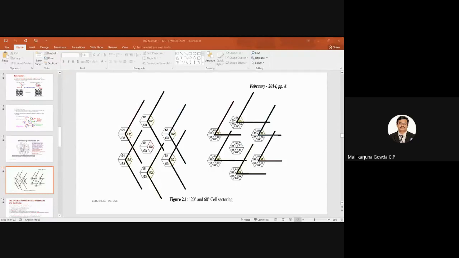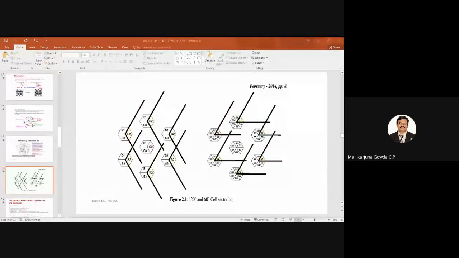You are not able to understand this diagram. What I am saying, what is this then? See here, these thick lines are the signal radiation. This cell is interfered with by this and this. What about here? Only one cell. One co-channel cell will be interfering with the center cell.